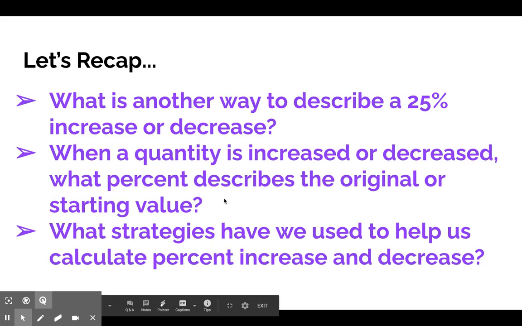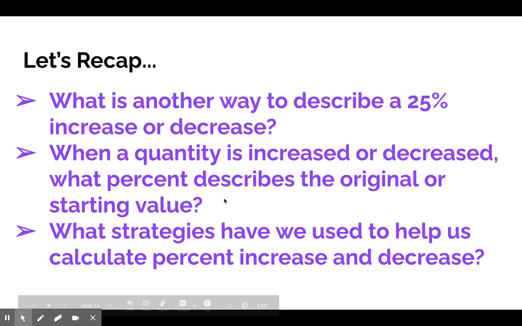So let's recap. We've talked about what's another way to describe a 25% increase or decrease. If I'm describing a 25% increase, that means it's 125%, or if it's a 25% decrease, it becomes 75%.